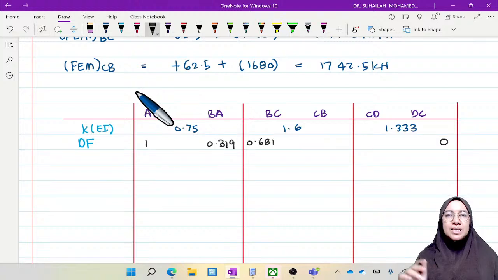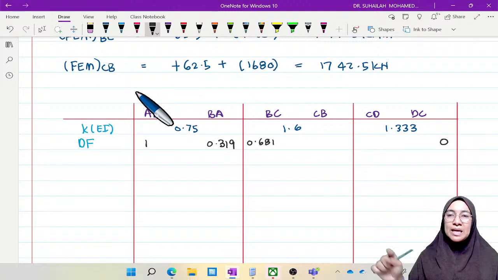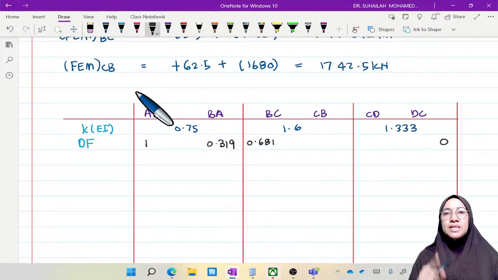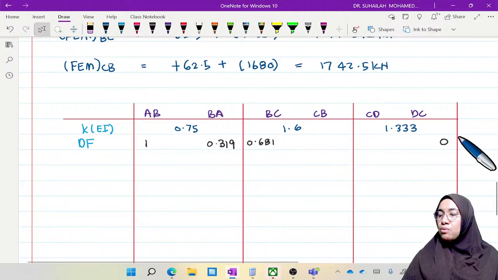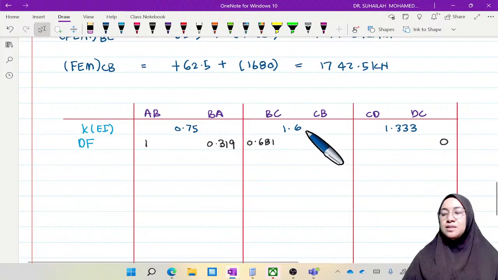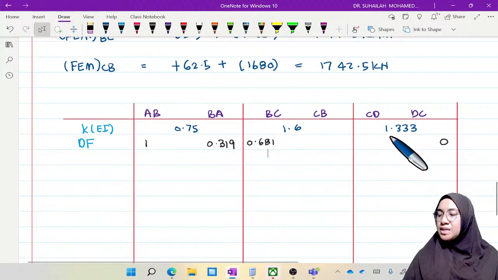We do the same for joint C. Member stiffness 1.6 divided by the total, joint stiffness CB plus CD, which is 1.6 plus 1.333.